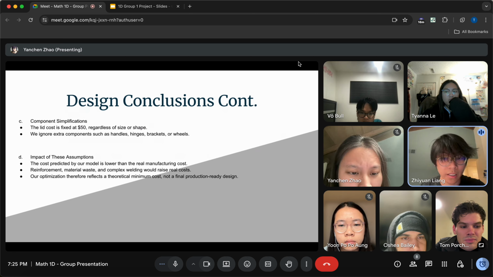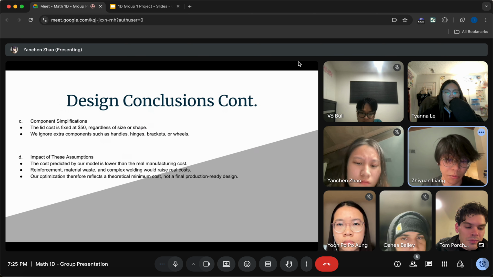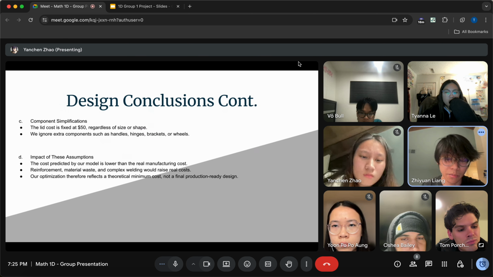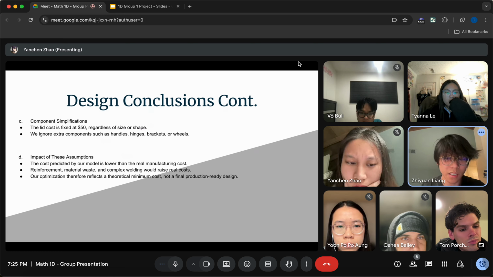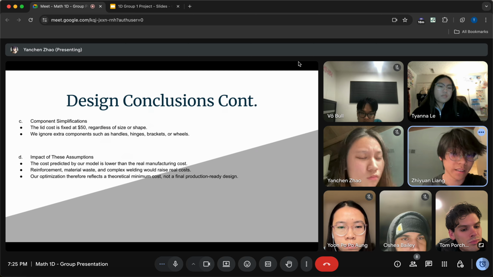In real-world production, reinforcement, fabrication waste, and complex assembly would all increase the cost. So what we are really representing is not a final production-ready dumpster, but a baseline that shows the cost efficiency of the design.